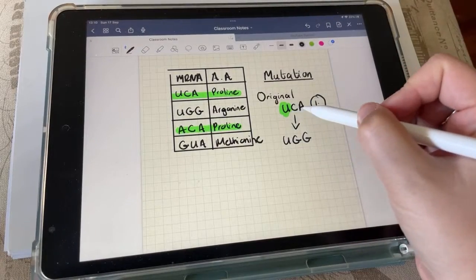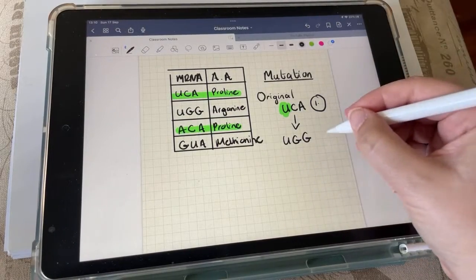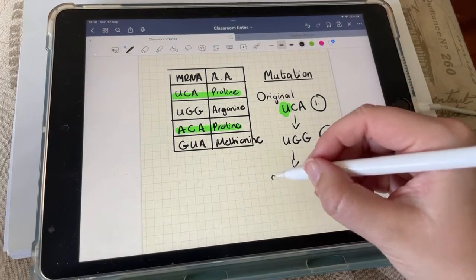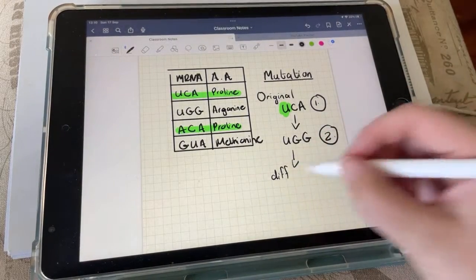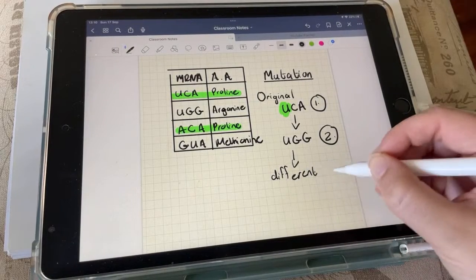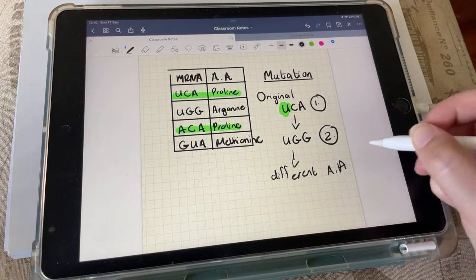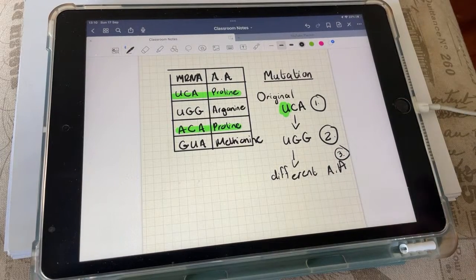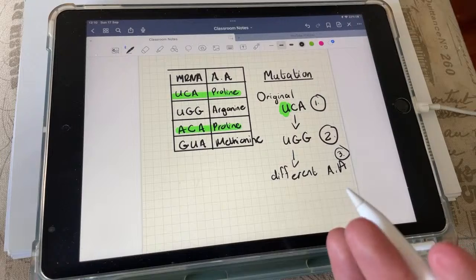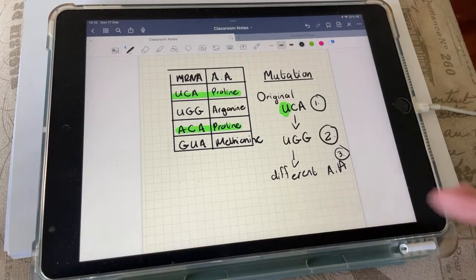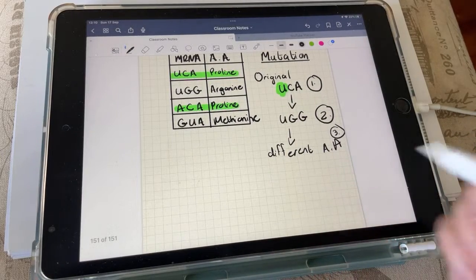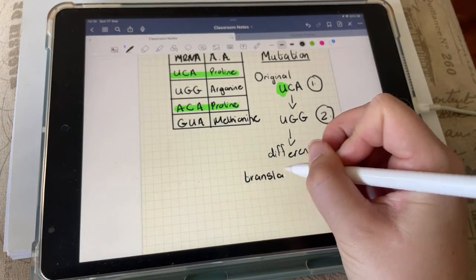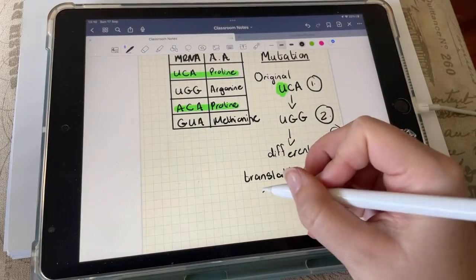Again, you're going to acknowledge that it was this, it's now this, and that it is a different amino acid. But now you'll notice that sometimes these questions are out of 5 or 6. And now we're only on 3. Where does the rest of the marks come from? The rest of the marks come from your translation explanation.